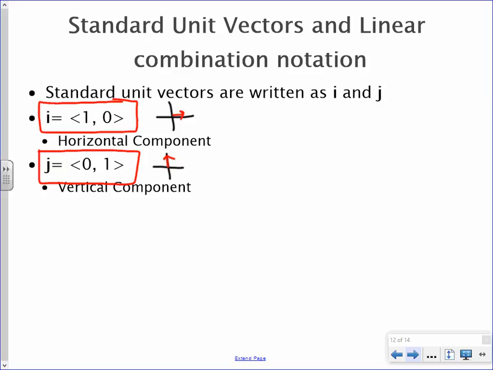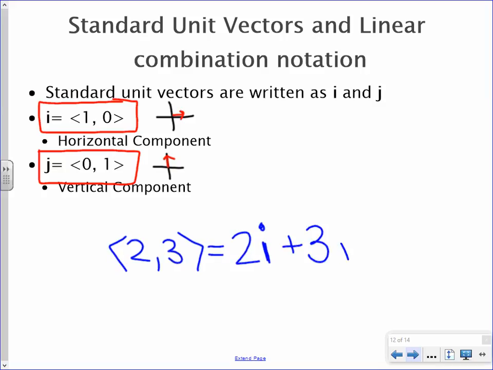Here is where we get a second way to write our vectors. The vector 2, 3 can also be written as a linear combination of I and j. So 2 times I, because 2 is the horizontal component and I is our horizontal unit vector, plus 3, because that's our vertical component, multiplied to j, our vertical unit vector.